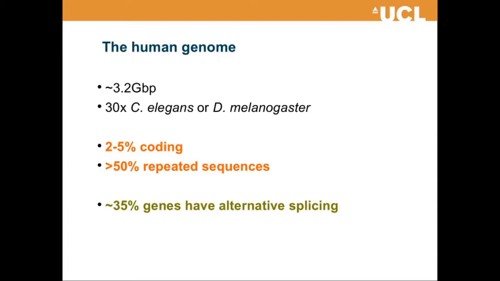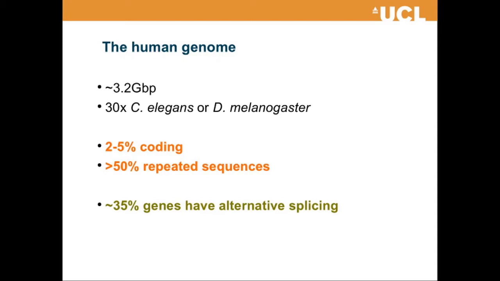And more than 50% is made up of repeated sequences. Now those repeats can be small tandem repeats, things like AT, AT, AT, AT, or they can be repeats of things like transposons that move around the genome. So things like LINE elements and SINE elements are very typical.